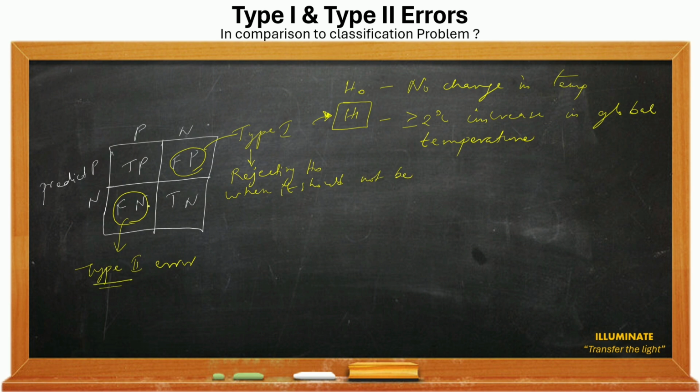Now let's see type 2 error. That is false negative. The opposite of it, that means negative is what we are saying: there is no change in temperature. We had claimed there is a change in temperature. Now in the negative we are saying there is no change in temperature, when it is again not correct to say this.